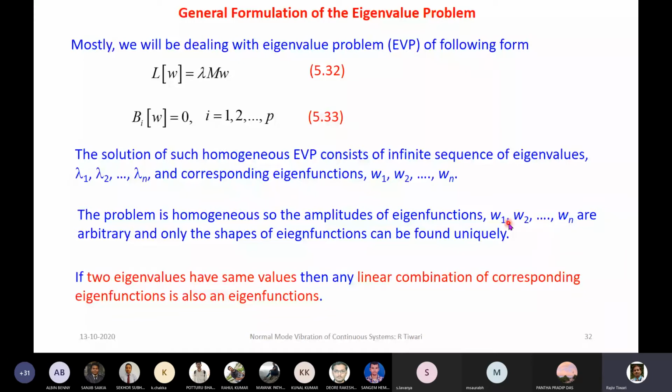So if, let us say, a sine function is there, the shape is defined, this is sine, but if some amplitude is attached to that, that amplitude will be arbitrary, because we have seen that we don't get the unique amplitude of the mode shape, we only get the relative mode shape in the eigenvalue problem.